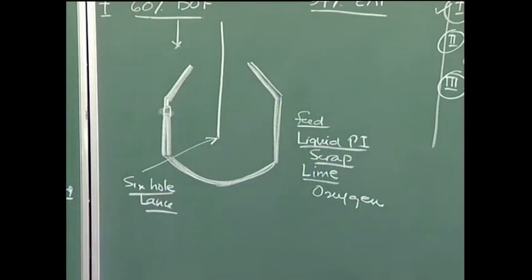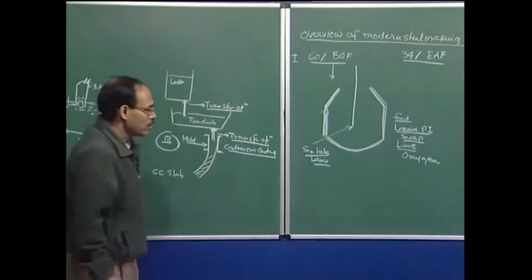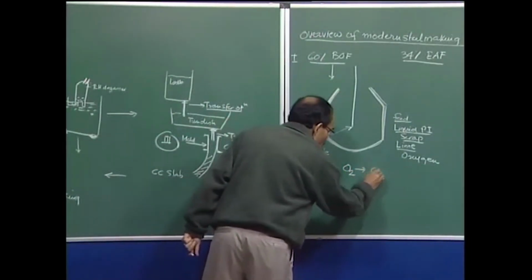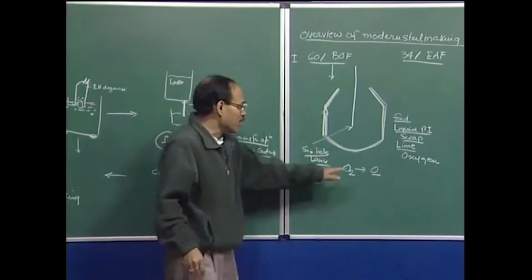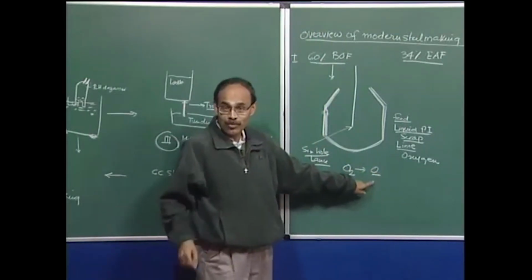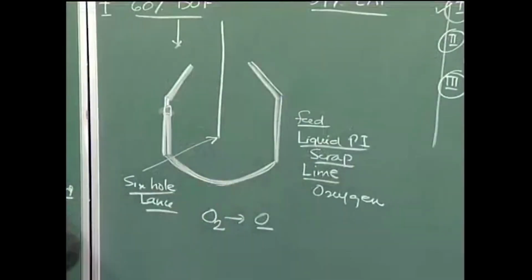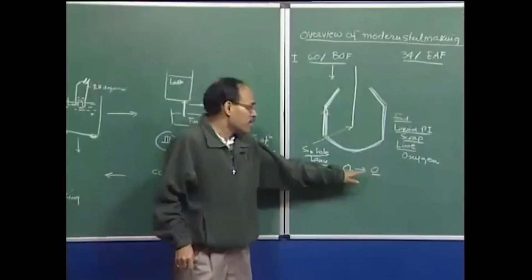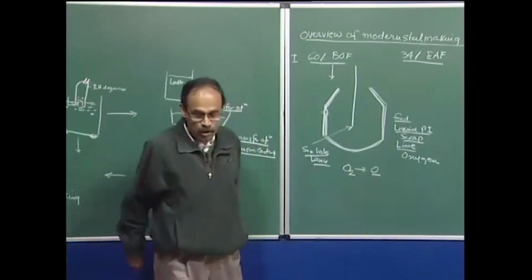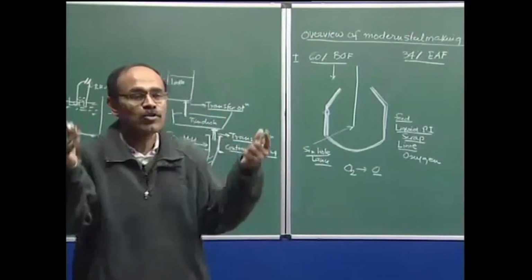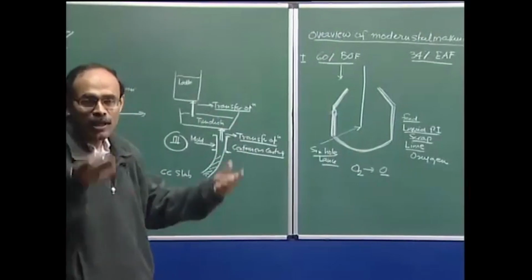For better interaction of oxygen and liquid metal, because oxygen is there in the gas phase, the oxygen has to dissolve in molten metal, and then only in the molten metal can it see the carbon which stays in the dissolved form, the silicon, and the phosphorus, and interact with them. So, the dissolution and these reactions are essentially important for the production of heat, because the more the carbon oxygen reaction, the more the phosphorus oxygen reaction, the more the heat evolution.